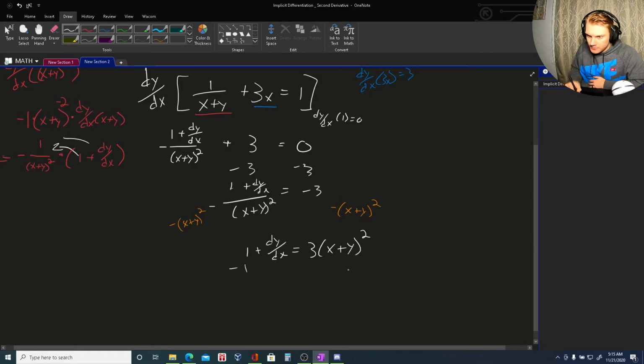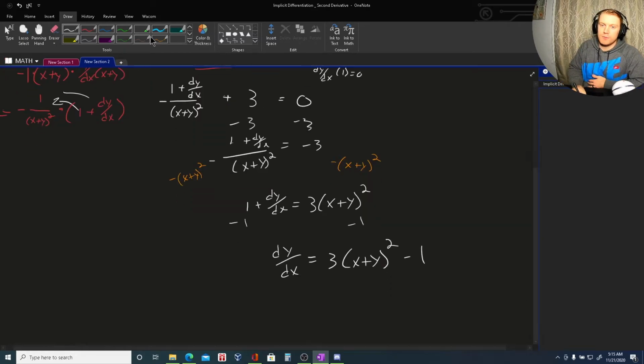Subtract the 1, and you have now isolated dy/dx and solved for it, so now we have the first derivative.